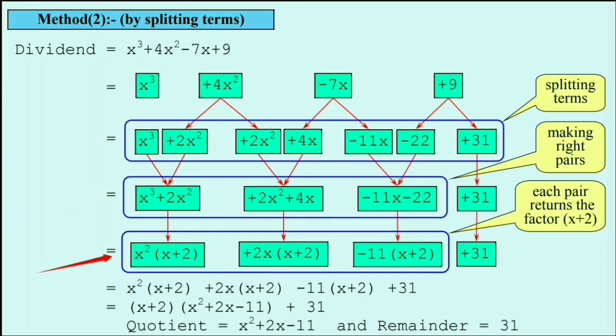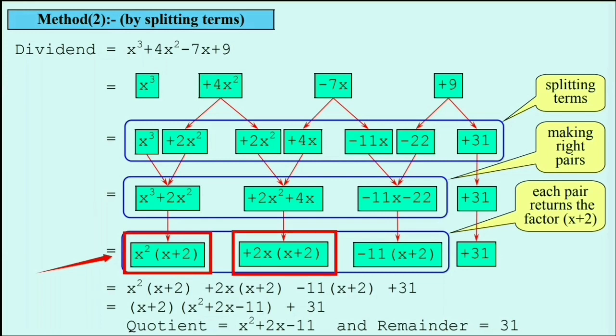Now let's observe the next row. Here it's very much clear that the first pair returns a factor x plus 2 after taking common x square.